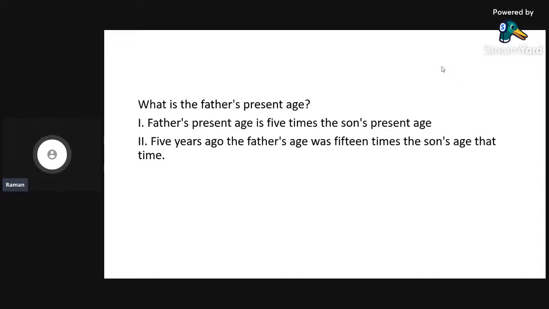Is it statement one or statement two, or either, or neither, or both? Come on. I'm waiting for your answer. Pratmesh, Nikita, is it statement one or statement two or both or neither or either?